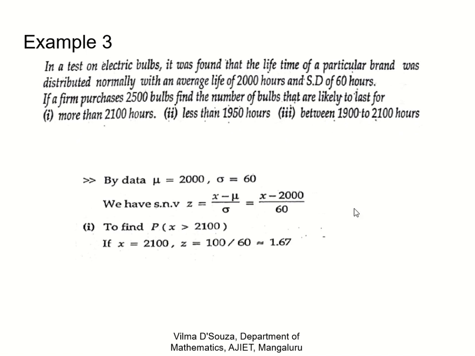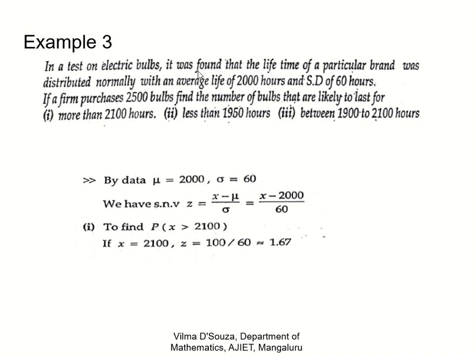So go through the problem, write down what is given first. The lifetime of a particular brand of electric bulbs is distributed normally. So it is a normal distribution. Average life is 2000 hours, standard deviation is 60 hours.